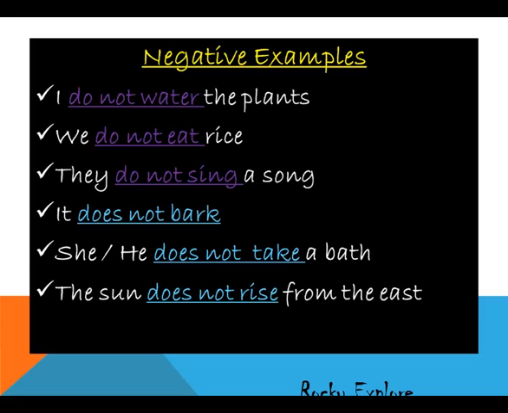But with do and does, you have to take this into your mind clearly. If I just say I water the plants as the affirmative or positive sentence, and you are asked to turn it into negative, you have to first extract the underlying or complementary verb that is hidden beneath the main verb. Here, water.